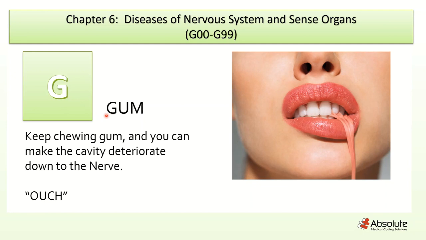See where I'm going? Think of nerves. Think of G, the letter G, and G is for gum, causing the nerve pain. Ouch. All right, let's move on to Chapter 7.